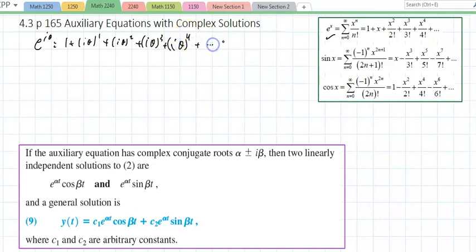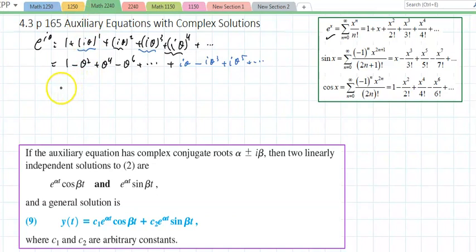Now, if I separate those, I have 1, plus i squared is negative 1, i to the fourth is a 1, plus if I take i theta, i cubed is negative i theta cubed, i to the fifth is i theta to the fifth, and the list goes on.